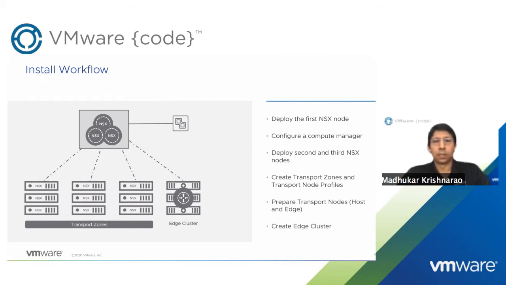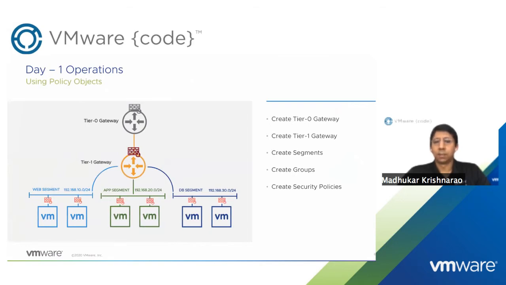You can also deploy edge transport nodes, create transport zones, create edge clusters, and have everything ready for consumption, all of it through Ansible. Once your system is ready, you will, of course, start creating logical objects. You can create your routing constructs, your switching constructs, your firewall constructs.